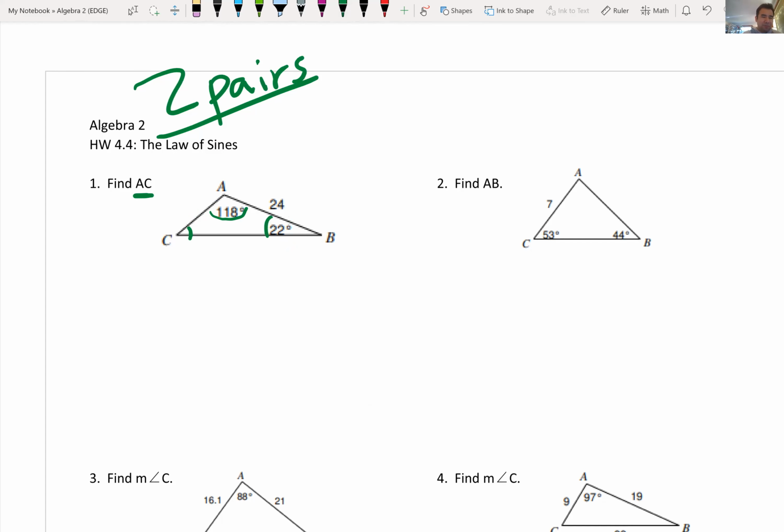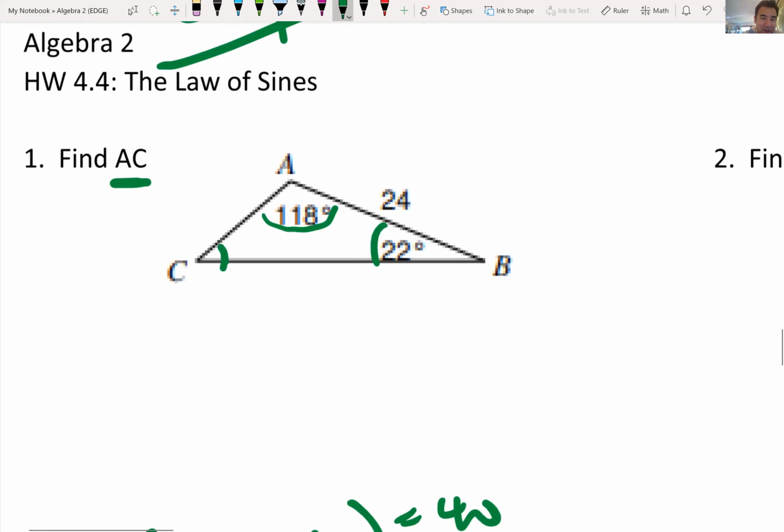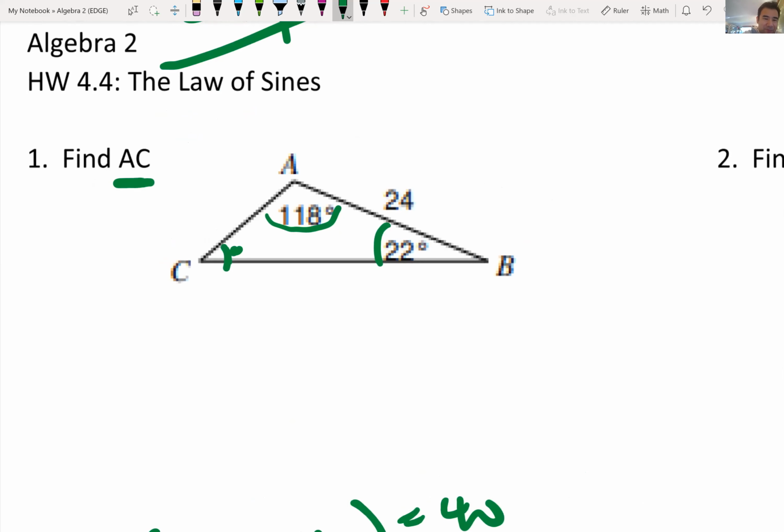So let's do 180 minus 118 plus 22. 118 plus 22 is 140. So 180 minus 140 is 40. Angle C is actually 40 degrees. And we're trying to figure out X.